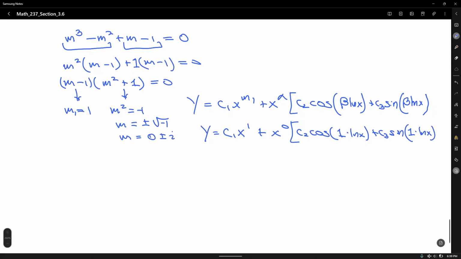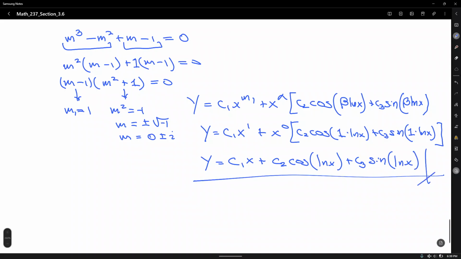Let me clean up these ones and zeros that are not necessary. So this is c1 x to the first, which is just x. x to the 0 is just 1, times all this madness here, c2 cosine of ln x, plus c3 sine of ln x. And that is our final answer to the third order equation.